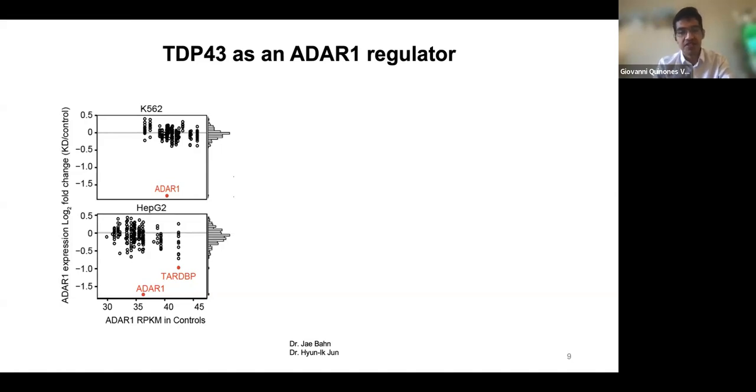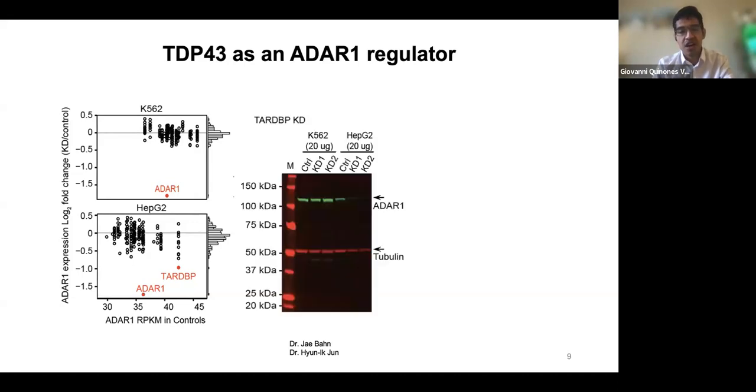So thanks to the help of two of my lab mates, Dr. Jay Bahn and Dr. Hyunik Jun, they performed this Western blot where we looked at the expression of ADAR1 in the two cell lines and under different conditions. We have control cells, and we also have two duplicates of cells with TAR-DBP knockdown.